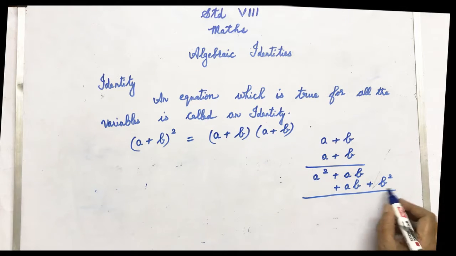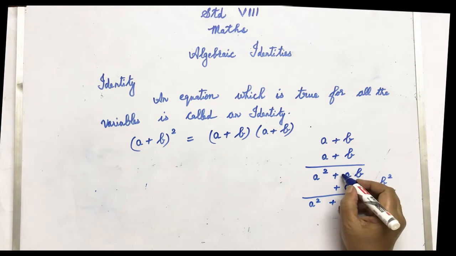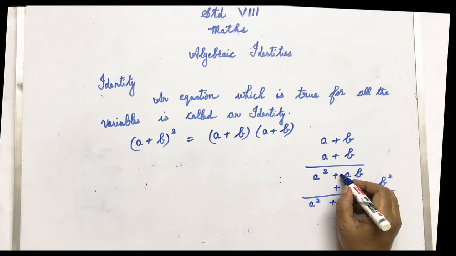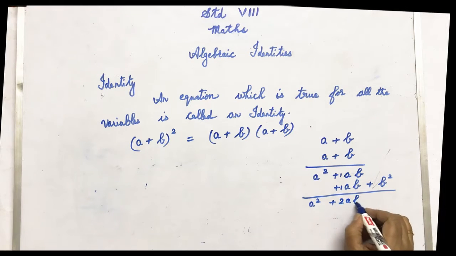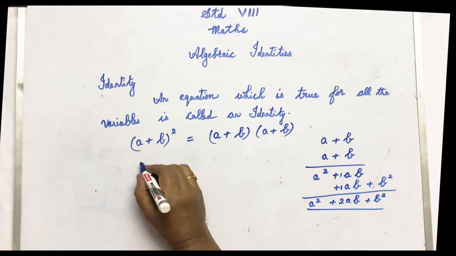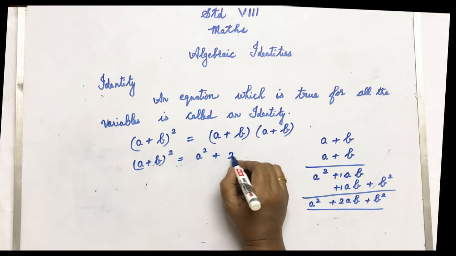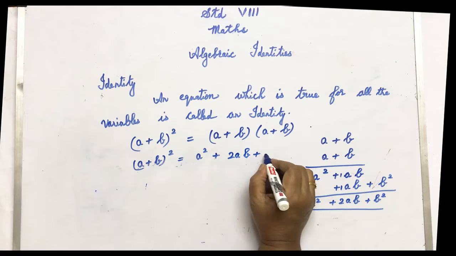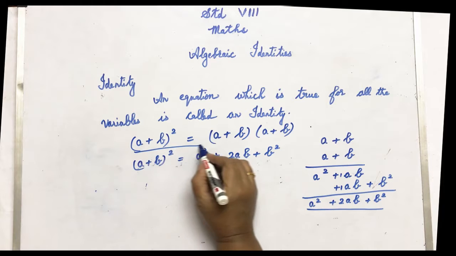Now we add: there is no coefficient here, so we can write it as 1, and here also 1. So 1 plus 1 is 2, 2ab plus b squared. So (a plus b) whole squared is equal to a squared plus 2ab plus b squared. This is the first identity.